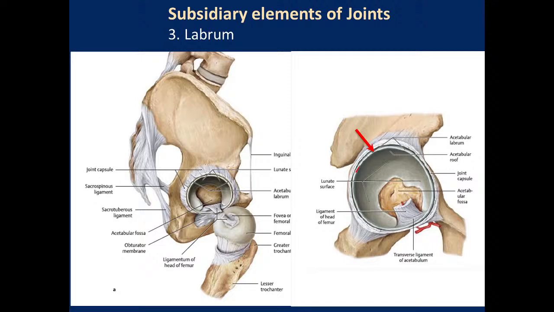This is a part of articular surfaces which has a triangle shape, and it is located at the end of the articular surfaces and helps to join the surfaces to each other, and makes the joints more congruent.